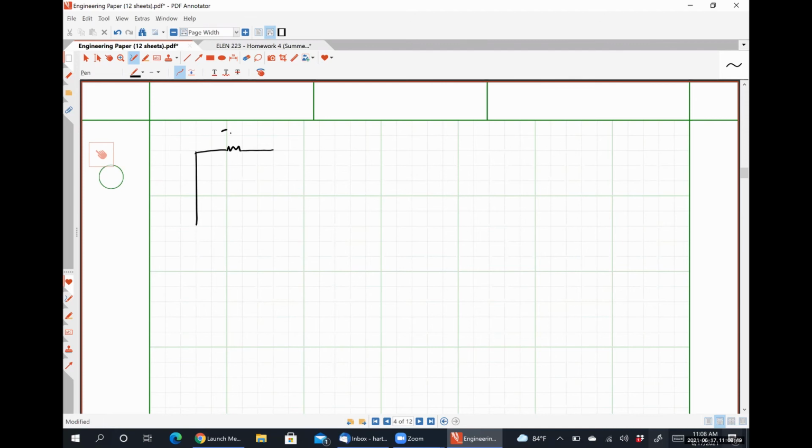We have a 5 ohm resistor. A 16 ohm resistor. A 20 ohm resistor. Here's a 25 ohm resistor.